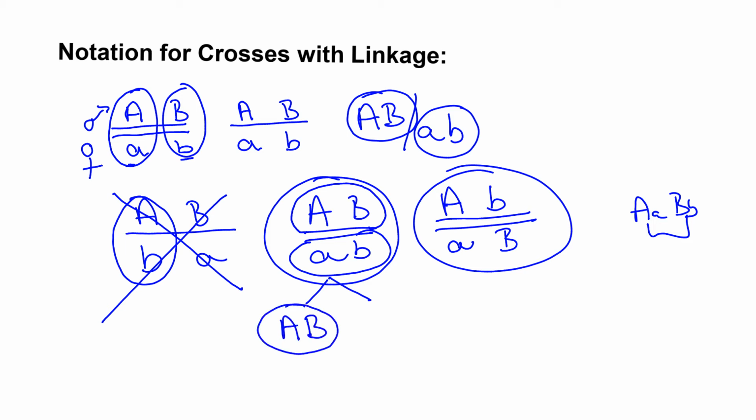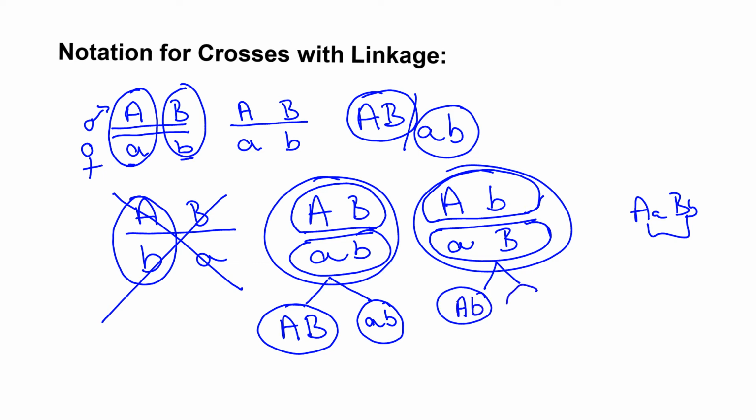In the other arrangement also, if there is complete linkage, this chromosome goes to one gamete, this chromosome to another gamete. So one gamete would carry dominant allele A and recessive B, and the second gamete would carry recessive A and dominant B. So now imagine these two parents are phenotypically identical.